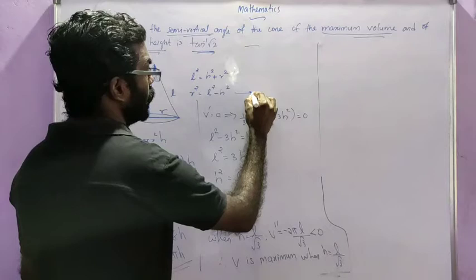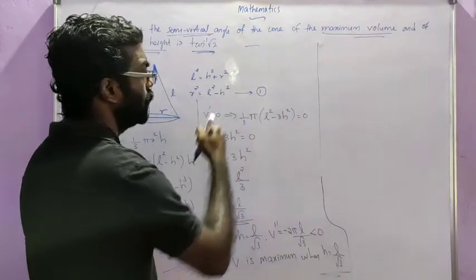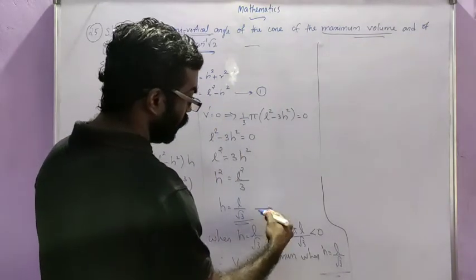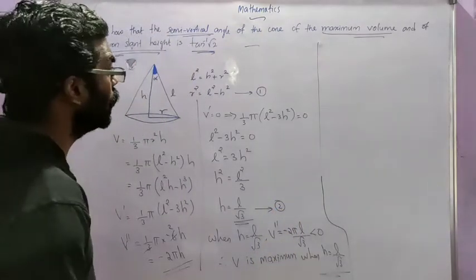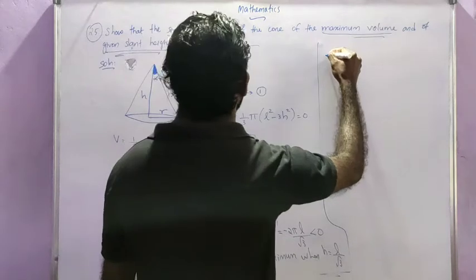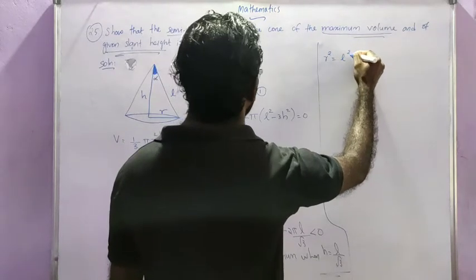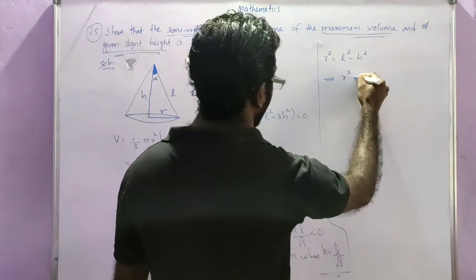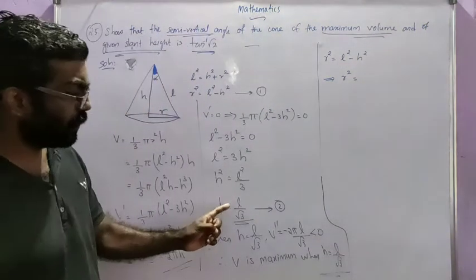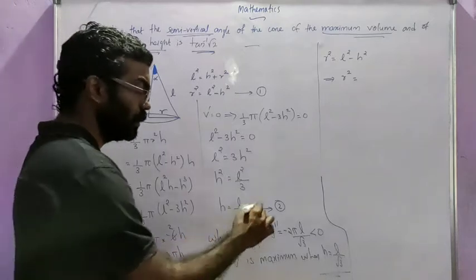Here we can take this one as equation 1, R square equal to L square minus H square, and H equal to L by root 3, take it as equation 2. So R square equal to L square minus H square, which implies R square equal to, instead of L we can put root 3H.